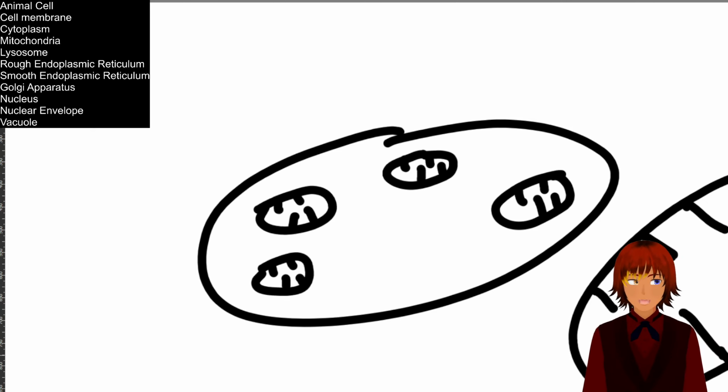The theory behind it is that the mitochondria was once its own original cell, and it got swallowed up by the precursor cell to plant and animal cells, but the mitochondria didn't die.